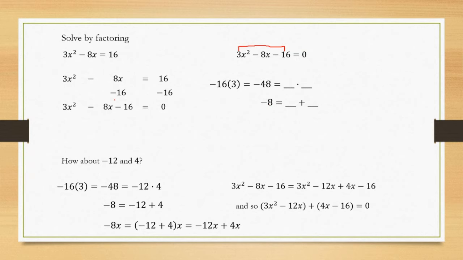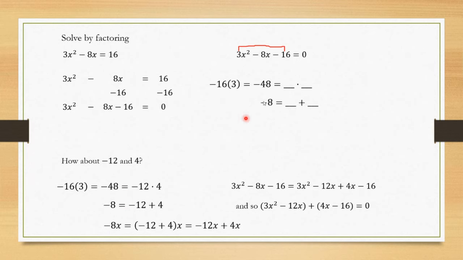There might be a little trial and error here, but the numbers that end up working are negative 12 and 4, because negative 12 times 4 is negative 48, and the sum is negative 8.